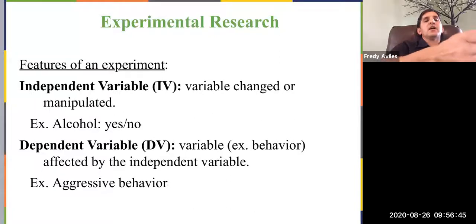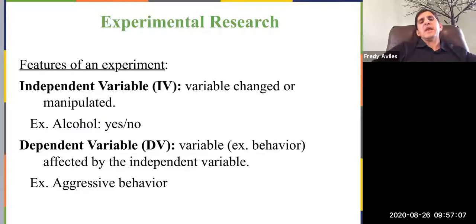And I have a hint for you guys. There's this alcohol: yes, no. So some people will get alcohol, yes, and some people will not get alcohol. That would be the no. Now, you also need in an experiment a dependent variable, a DV. That is the variable that is affected by the independent variable.